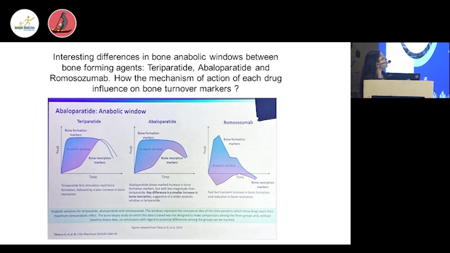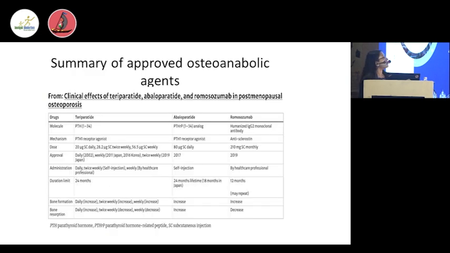And if we see the bone turnover changes by teriparatide, the increase in the bone formation marker starts rising after 3 months of the therapy, while with romosozumab it is immediately after the start of the therapy. As well, with teriparatide there is also an increase in the bone resorption marker, and that's how the efficacy of teriparatide is less compared to romosozumab.